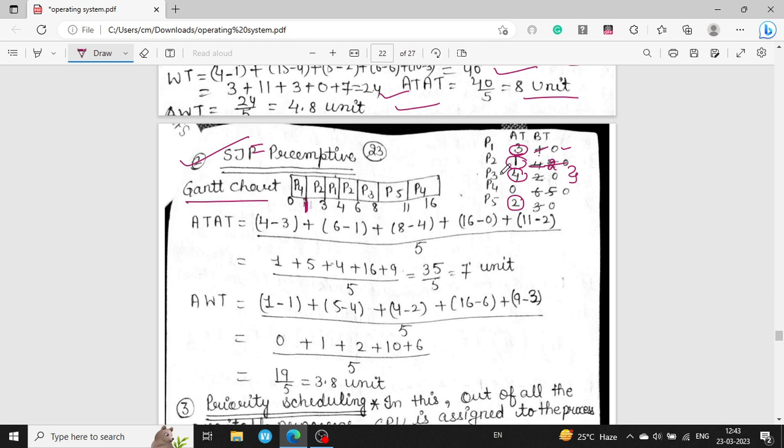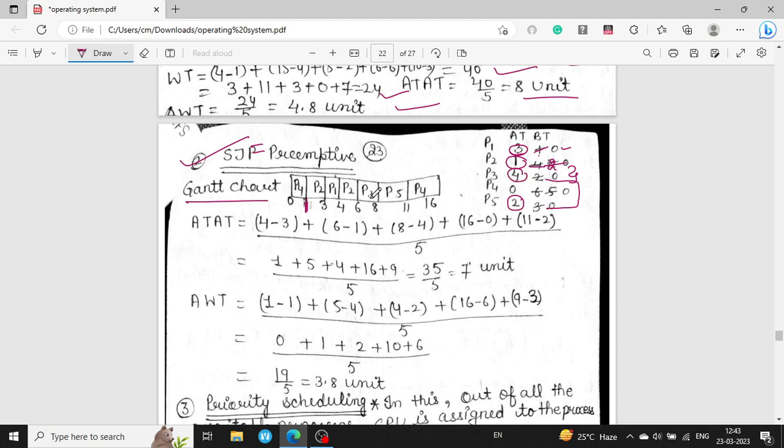After that P3 uses it, because you can see P5 will be used for 3 seconds. When we compare both, 2 seconds is less than 3 seconds.